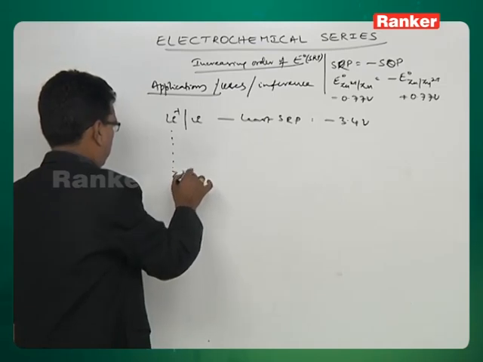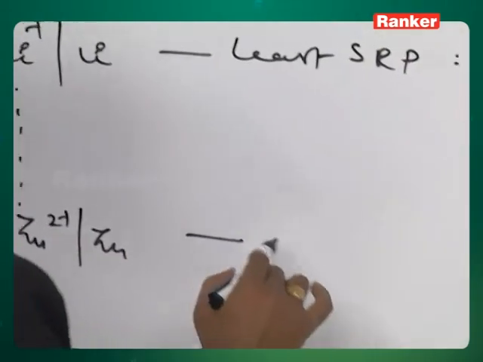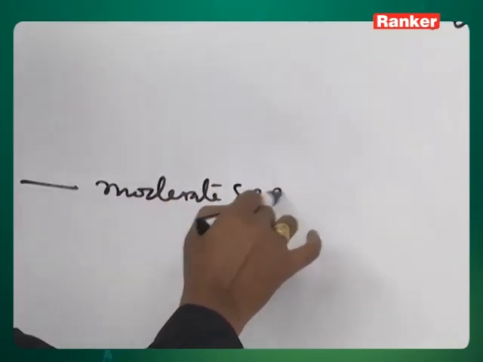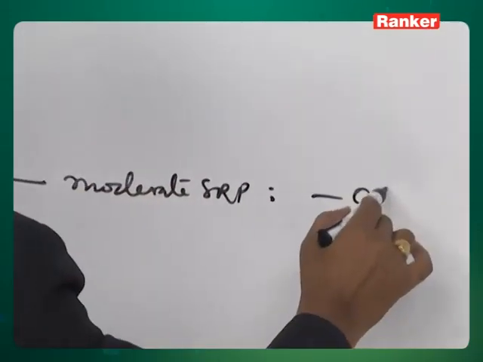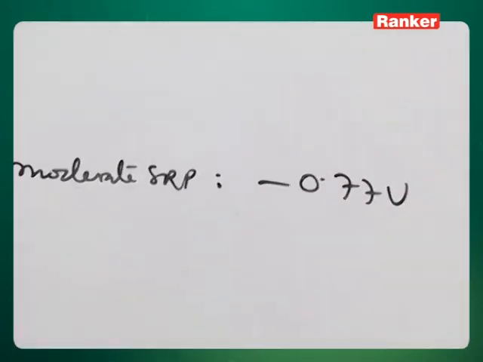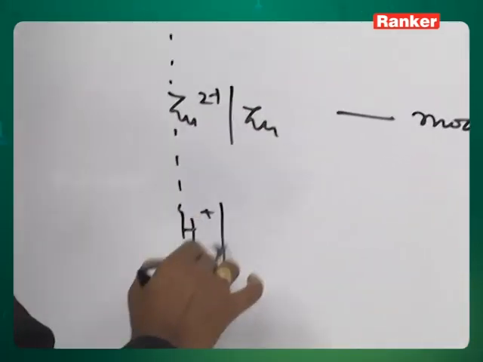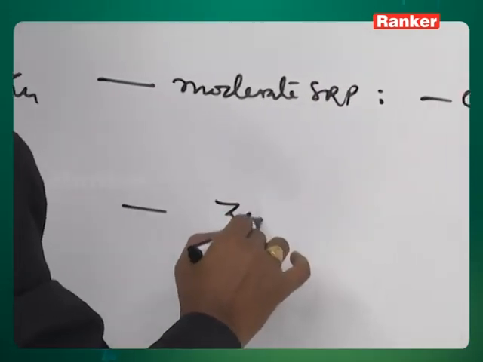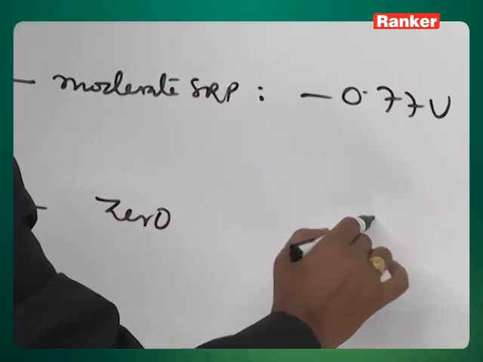followed by other elements. Zinc with moderate SRP, minus 0.77, followed by hydrogen, which has 0 SRP.